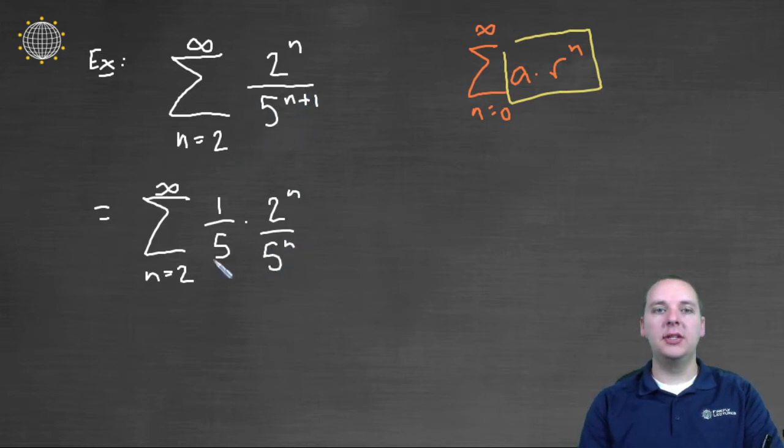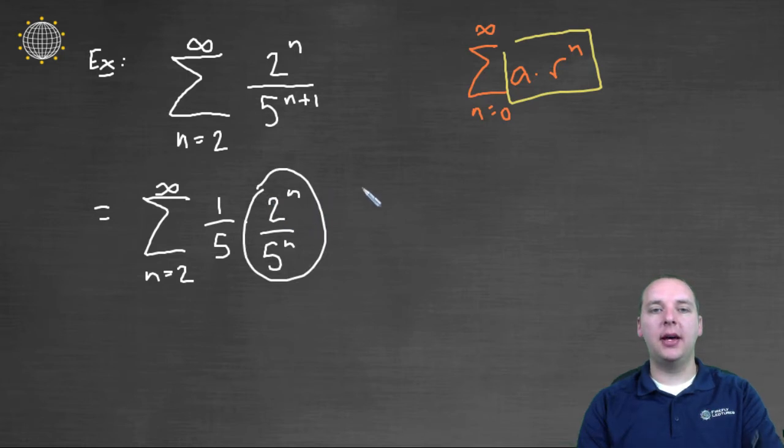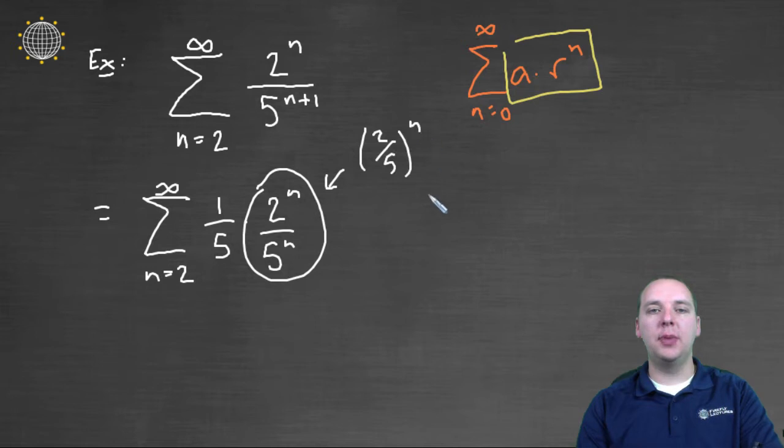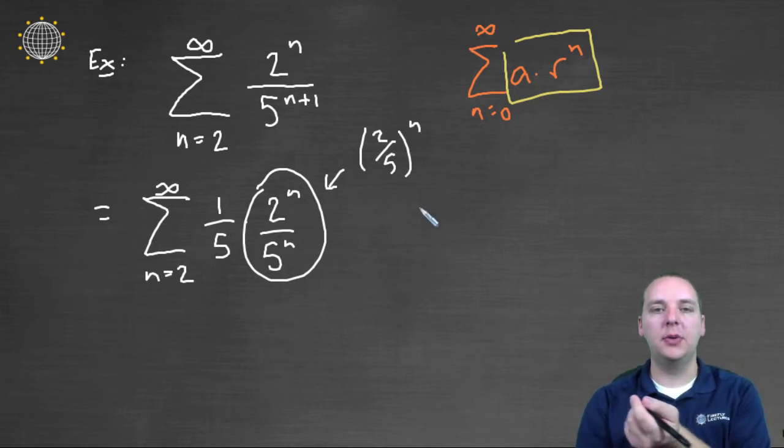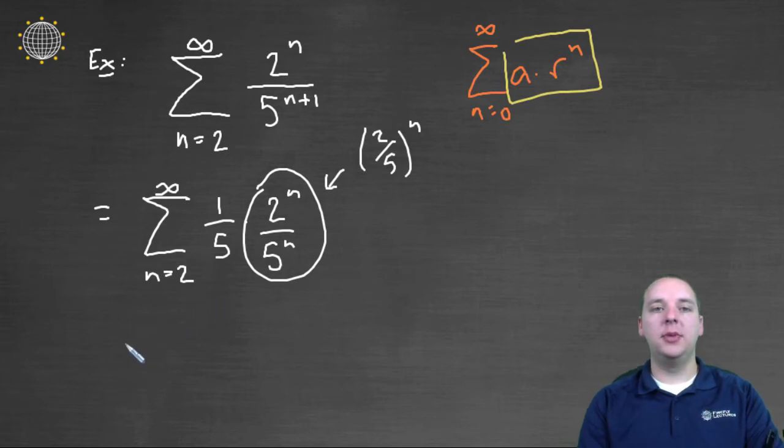And this is of course equal because 5 times 5 to the n is 5 to the n plus 1, so that's all fine. This can be simplified as 2/5 to the nth power just by properties of exponents, and we have our geometric series.